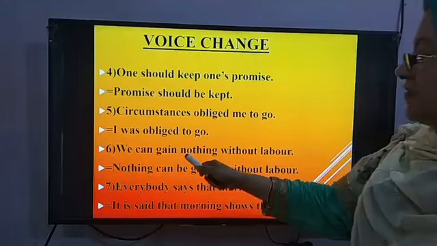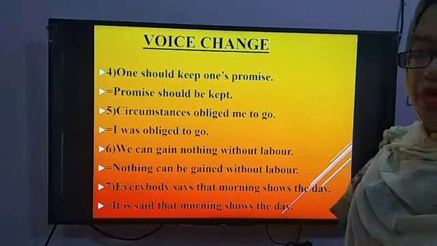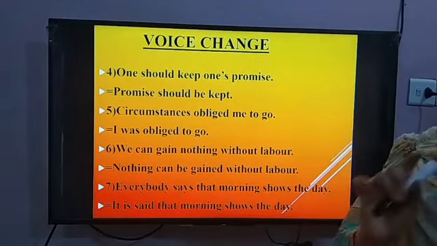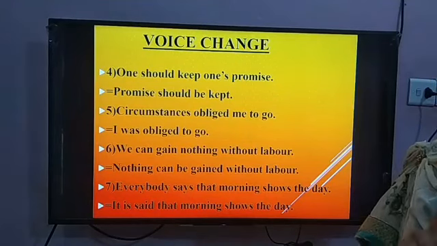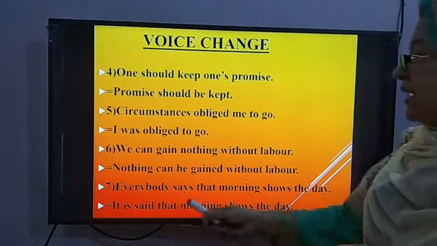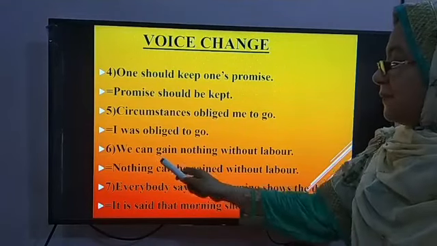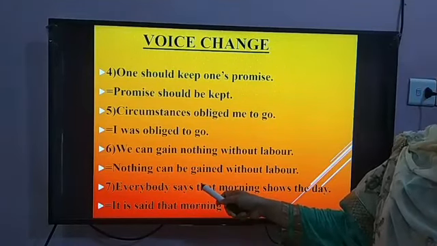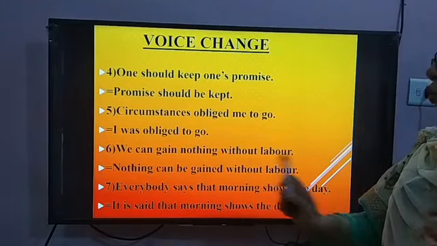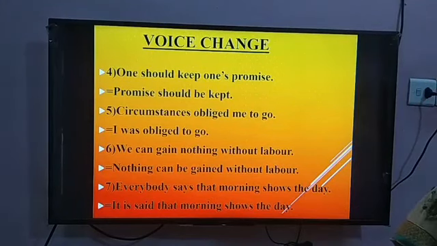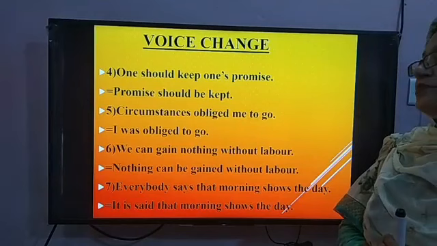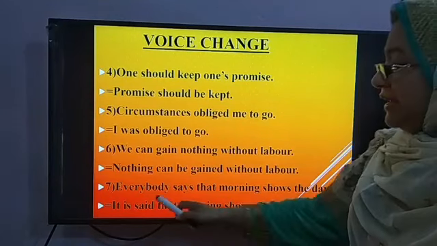I use here nothing. Nothing can be gained. Here you find can, model auxiliary. Nothing can be gained. The past participle form of gain is gained, without labor. Clear? Okay. The next one.